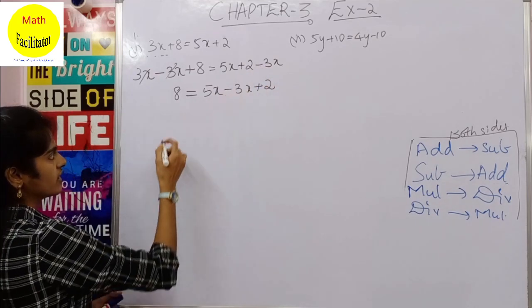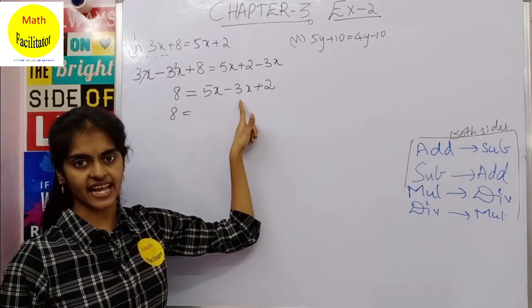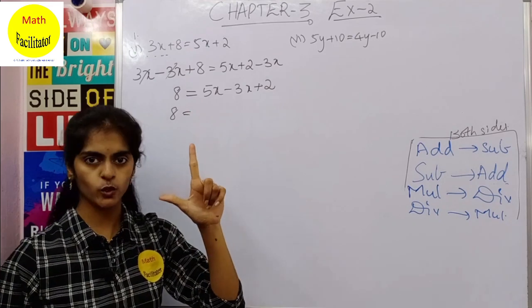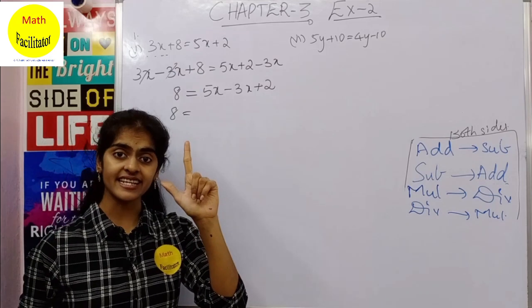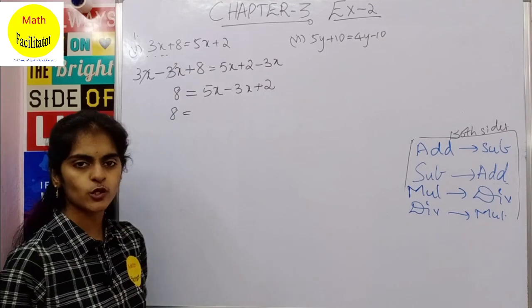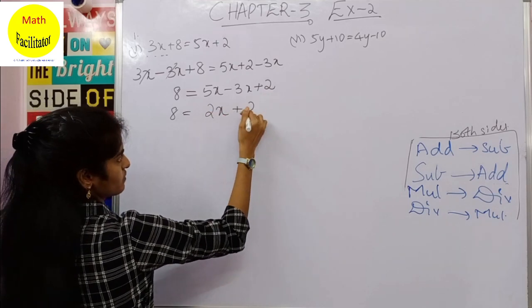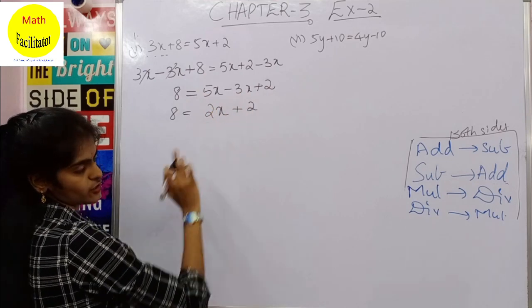So this is 8 equal to, now out of 5x you have to subtract 3x. So what is left over? 2x. So out of 5x you are subtracting 3x, so you are left out with 2x. So the same thing I am writing here and you have plus 2.